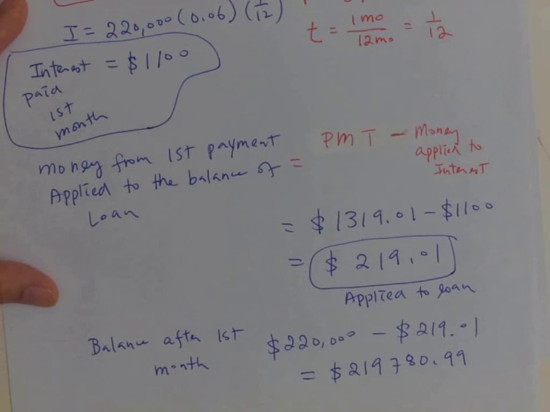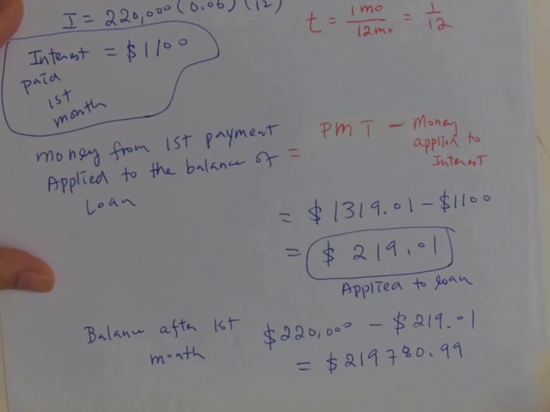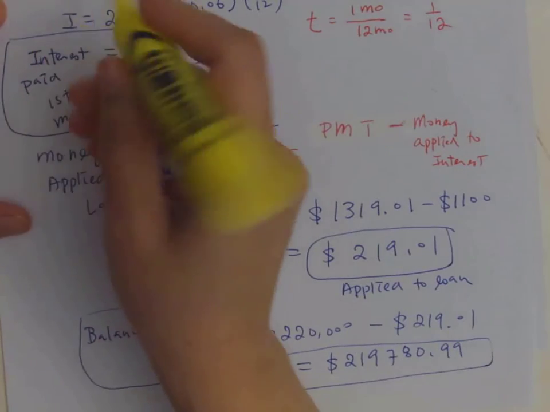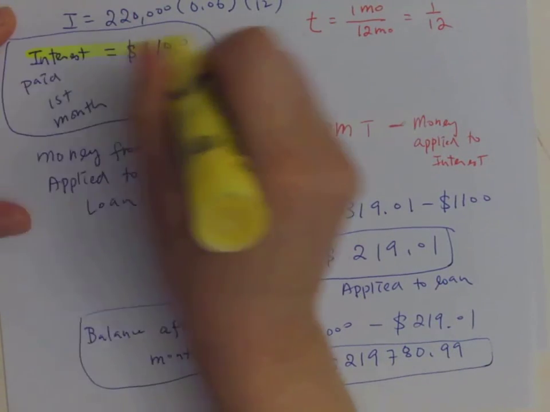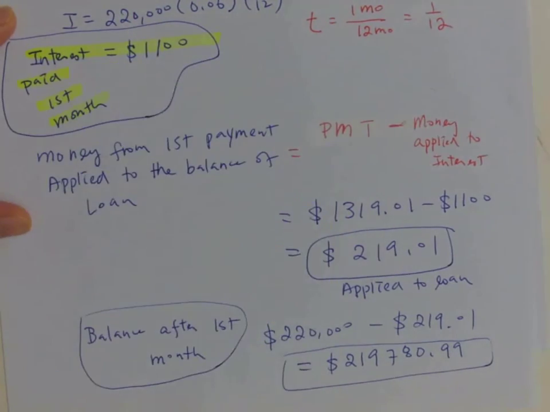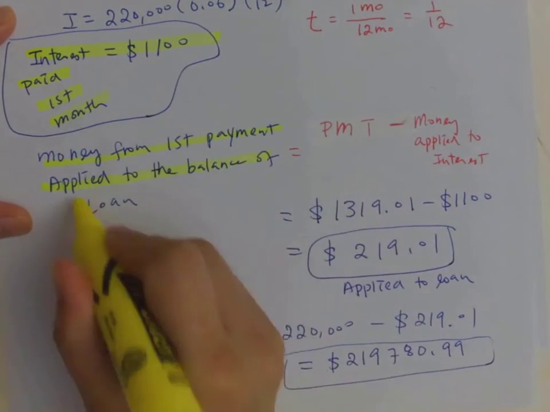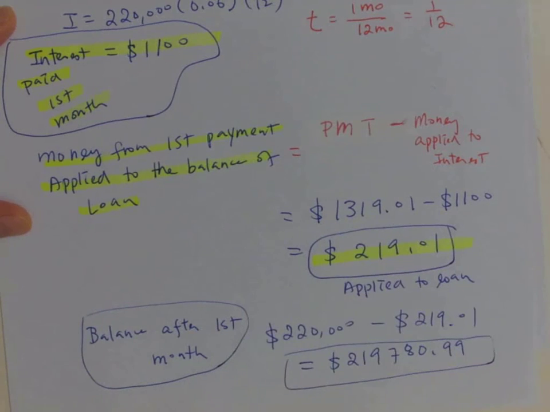It's a long way to go, right? Let me double check. Okay, that's correct. They didn't ask for this last part, just for your information, because later on you will have questions that ask you. So for part D, your answer is the interest paid from the first month's payment is that, and the money from the first payment applied to the balance of the loan would be this much. All right.